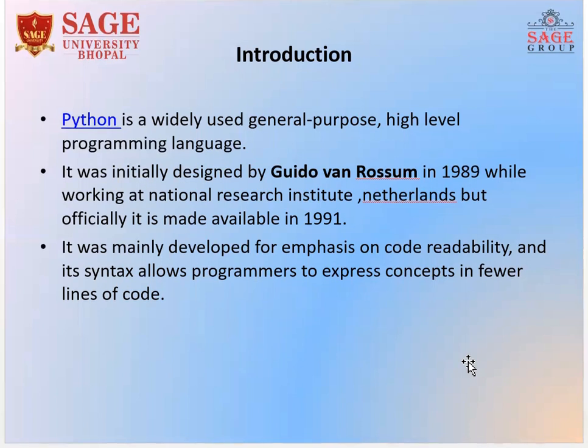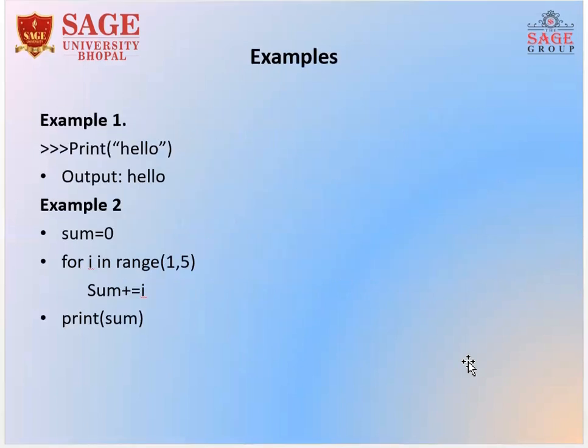So let's take a quick look at some basic examples of Python programs. In the first example, you can see a simple program that prints the message hello to the console.